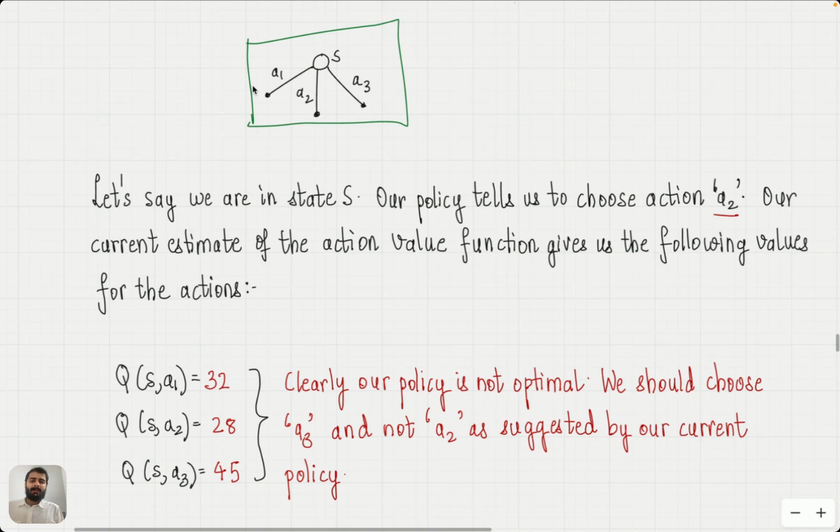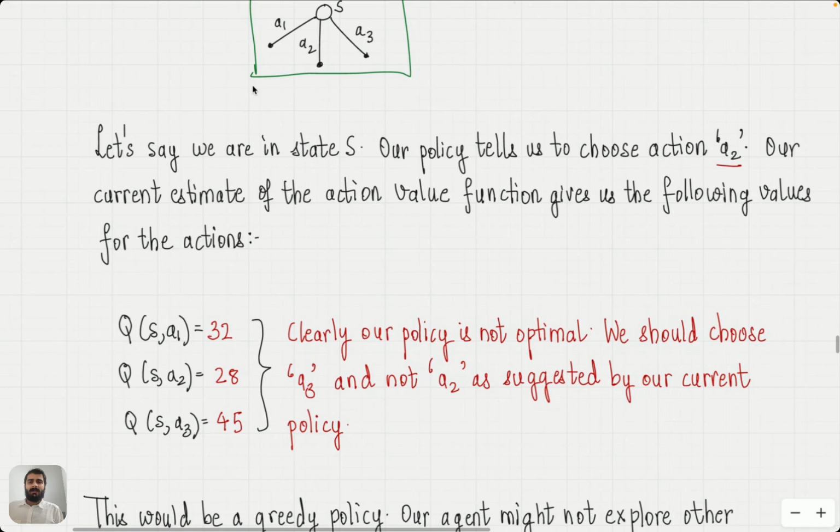Our current value function gives us the following values of the actions: 32, 28, and 45. So clearly our policy is not optimal and we should choose A3 instead of A2 as suggested by our policy.